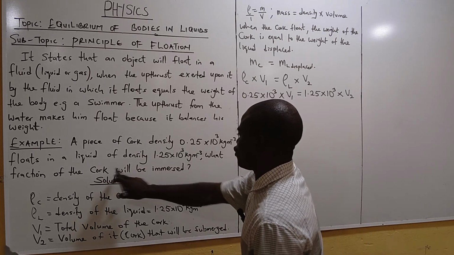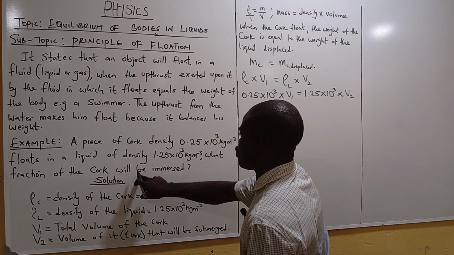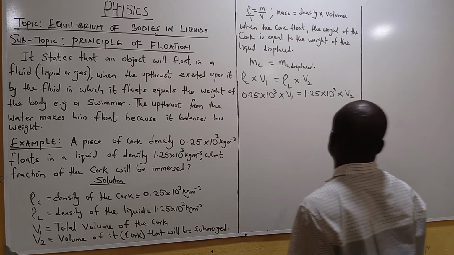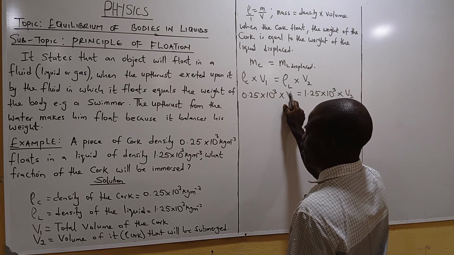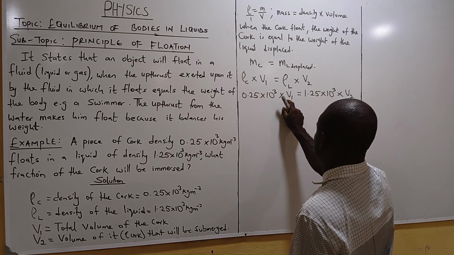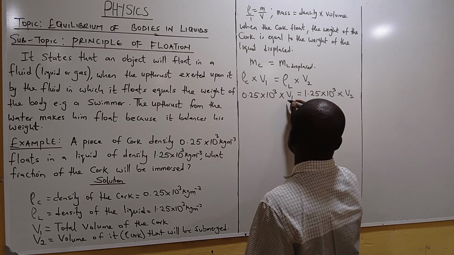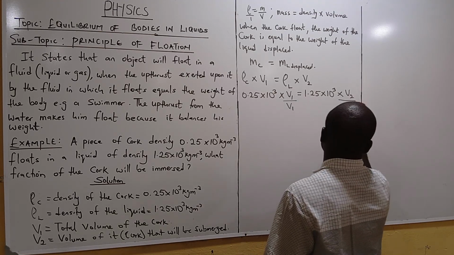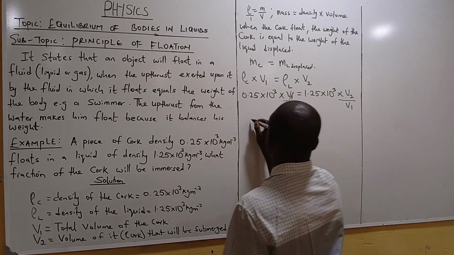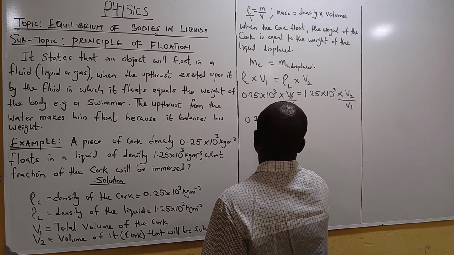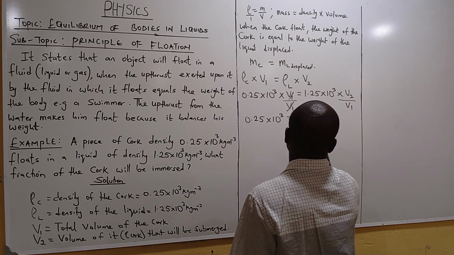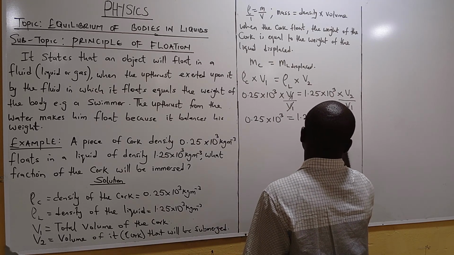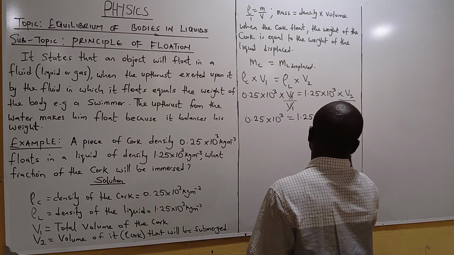Because we are told, what fraction of the cork will be immersed. Okay, that means that this V2 will be up, the volume of the cork will be down. Divided by V1, divided by V1. This one cancels. We have 0.25 times 10 to the power 3 equals 1.25 times 10 to the power 3 V2 over V1.